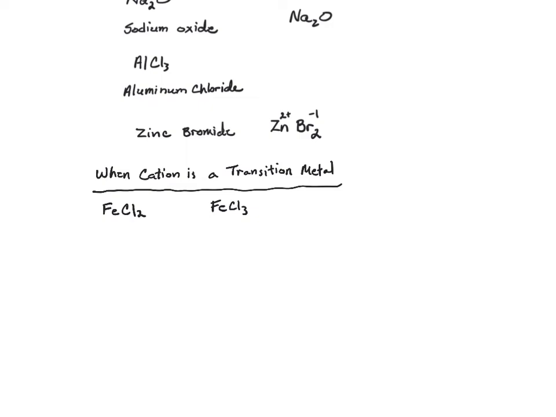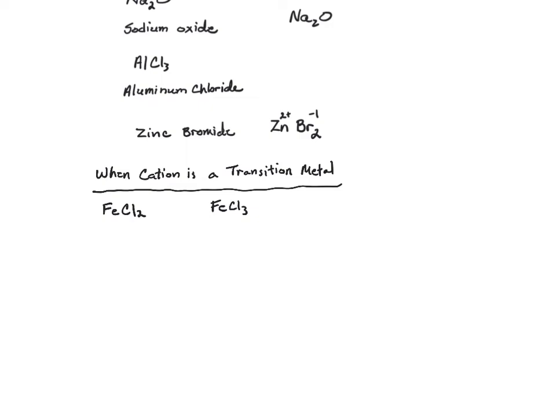And unfortunately, under the system that I just introduced to you, both of these would have the name iron chloride. But we can't have 2 different compounds with different properties having the same name. That's just dangerous. So we have to come up with a different way of indicating what form of iron, or how many chlorines are there for each iron atom.